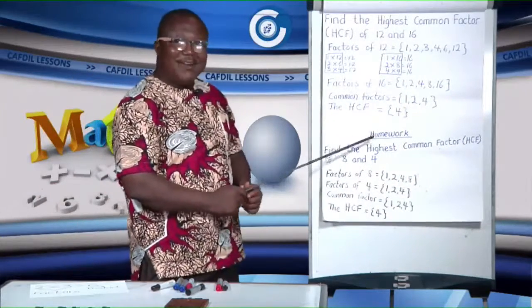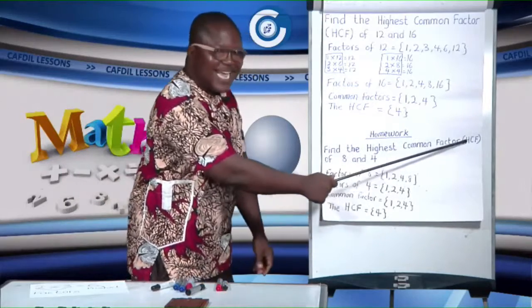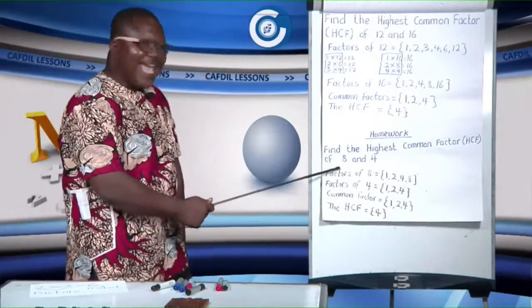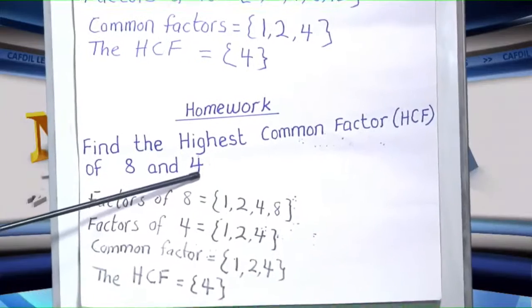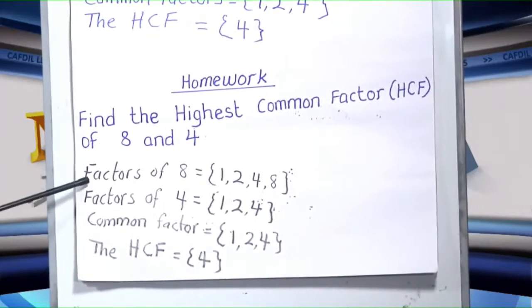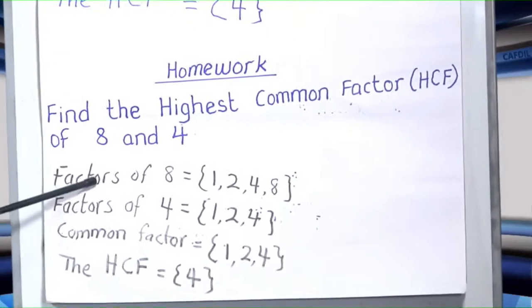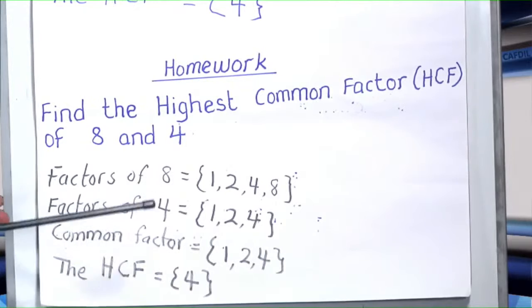So that was the homework. Find the highest common factor, that is the HCF, of 8 and 4. So when we come here, let's look at the factors of 8. It could be the set of factors of 8.